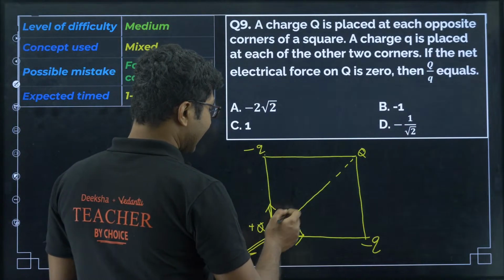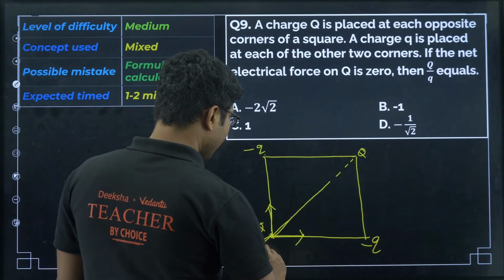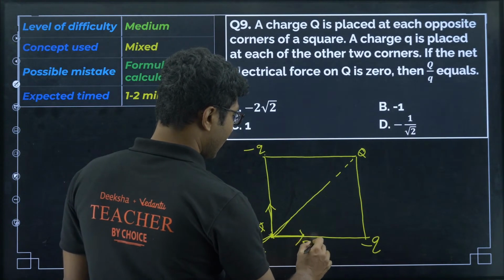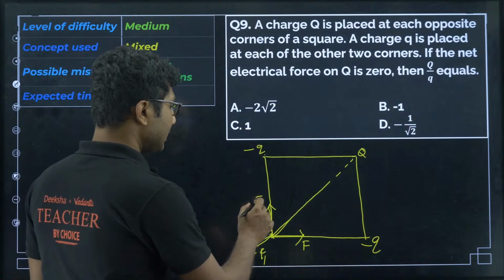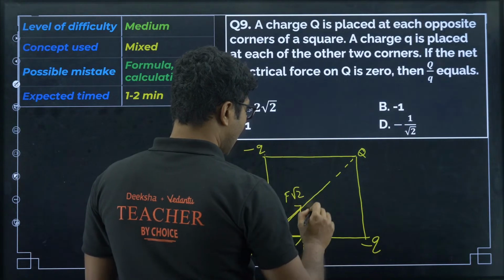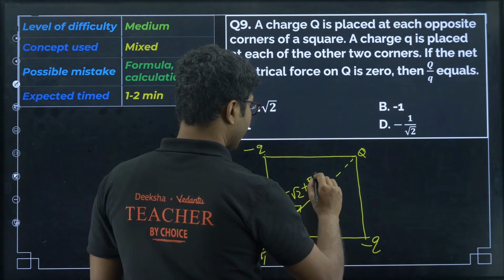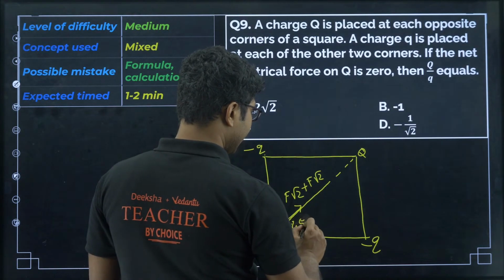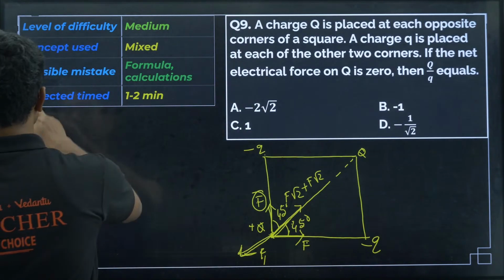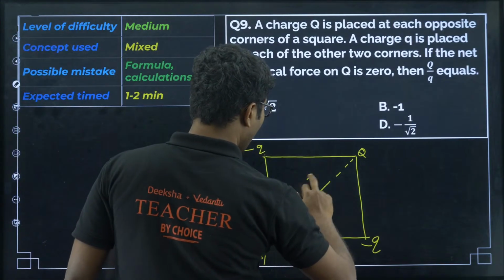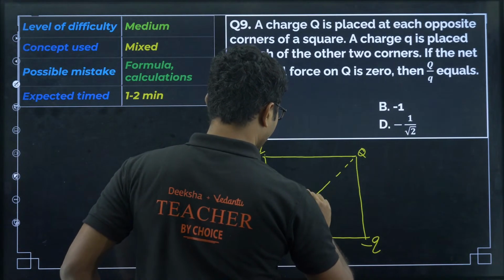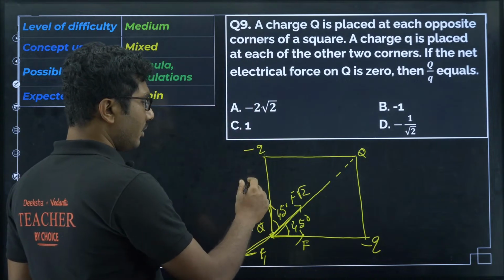Now the net force is 0. Say this force is F1, and these two forces are each F. Then the component in this direction due to this force will be F by root 2, and due to the other will also be F by root 2.